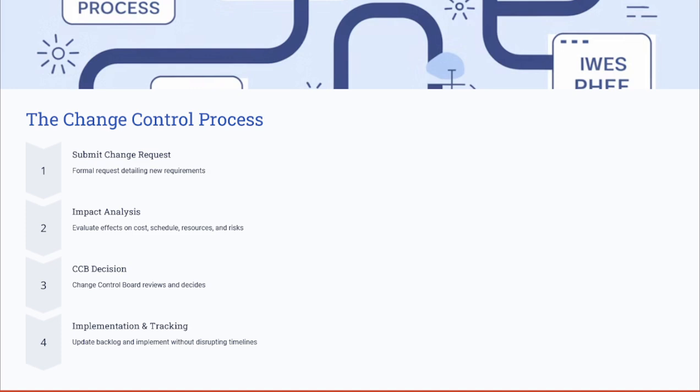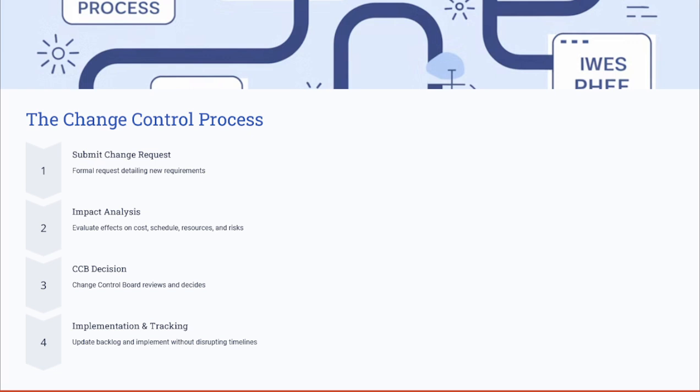The team follows a structured change control process. First, you need to submit the change request. Imagine a software development project for a banking application. Halfway through development, the client requests additional security features such as two-factor authentication and biometric login.